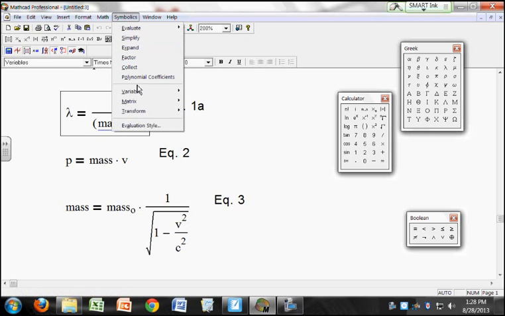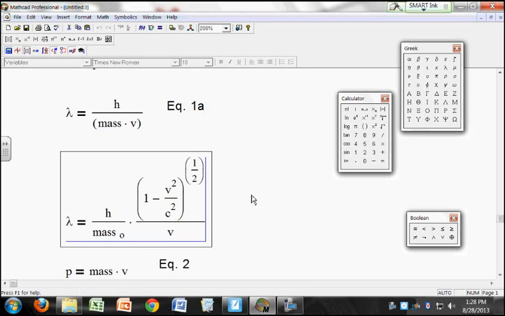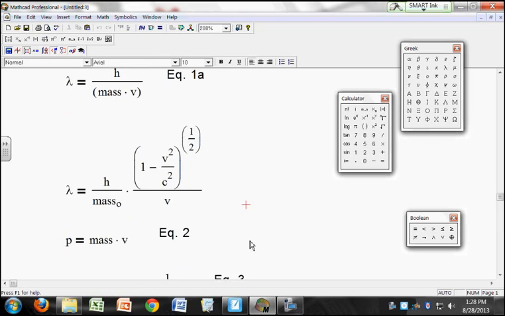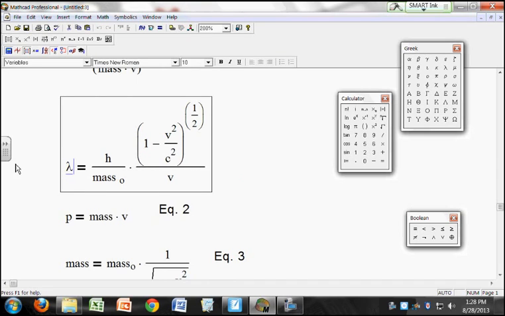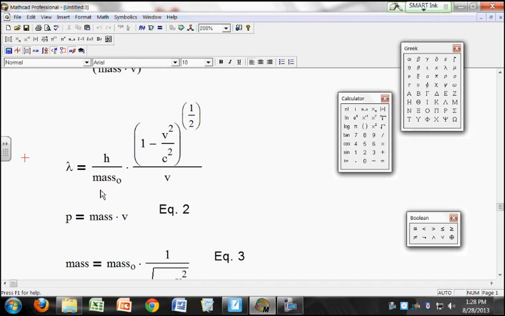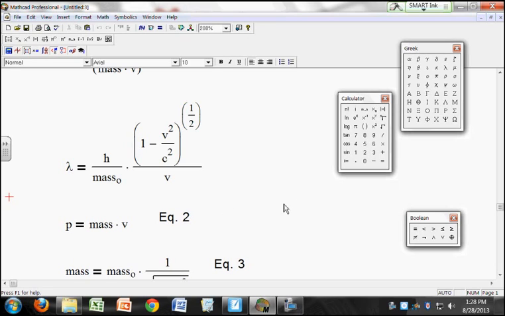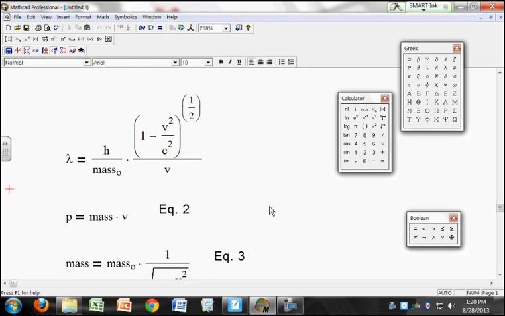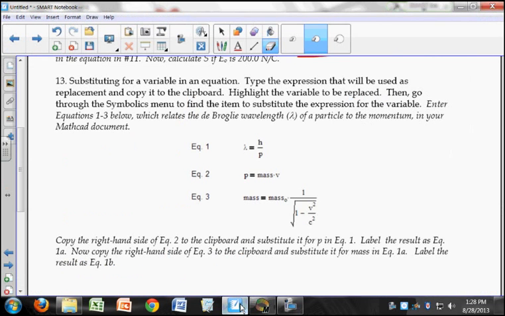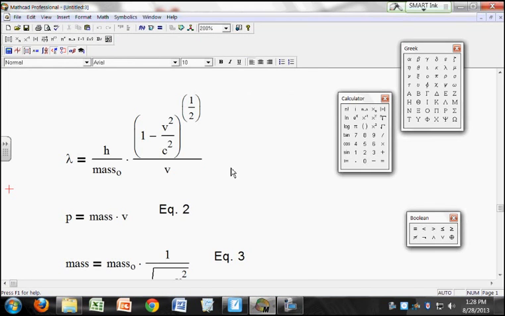Symbolic, variable, substitute, and I just made the substitution right there. Let's call that equation 1b.